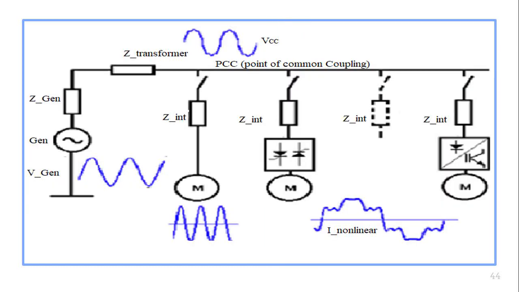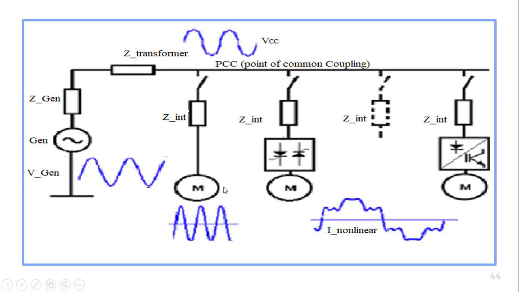So this is again one example. See, this is our general utility, and the voltage waveform is a proper sinusoid. This is the point of common coupling, because major loads are connected at this point. Here these motors are connected via diode converters and controllers, and here a motor is controlled via SCRs. So these two loads are non-linear.